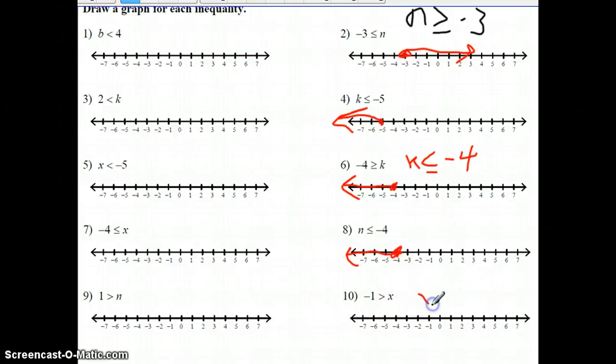So we want to put x is less than -1. And here we don't have the equal to, so we're going to have an open circle, and our arrow goes in the direction of the inequality.